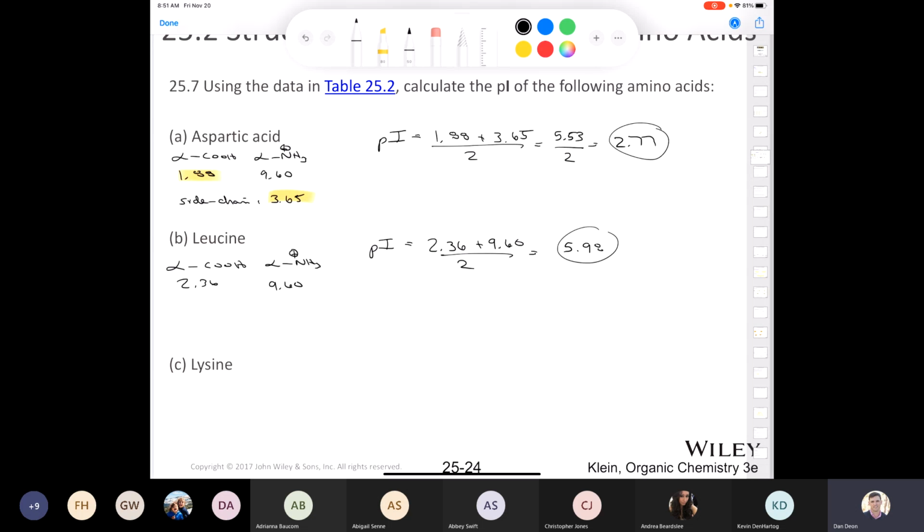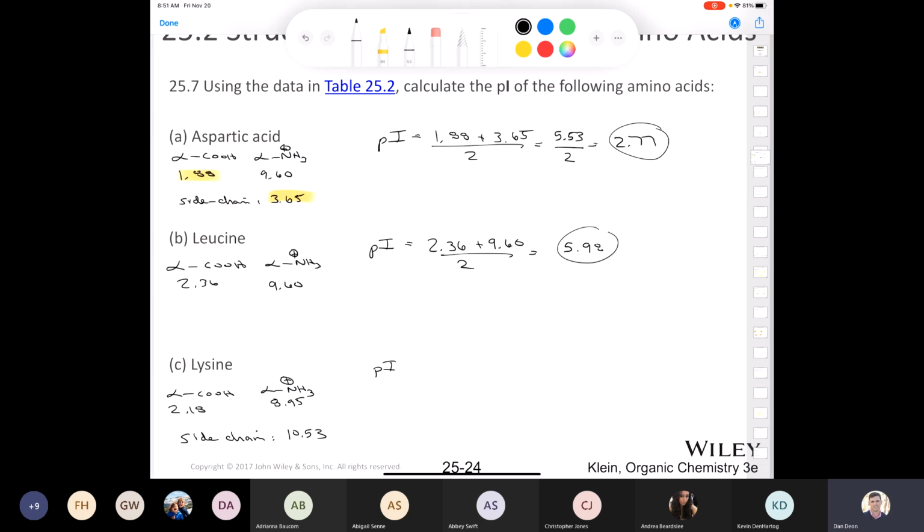Okay, and then lysine is a basic amino acid. Our alpha carboxyl is 2.18. Our alpha protonated amine has a pK of 8.95. And then the side chain is a pK of 10.53.